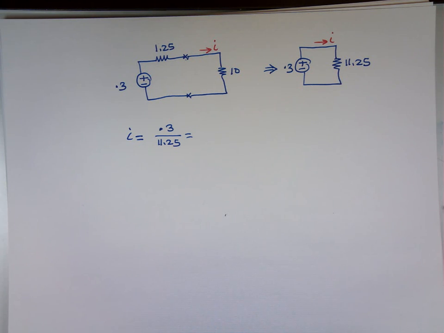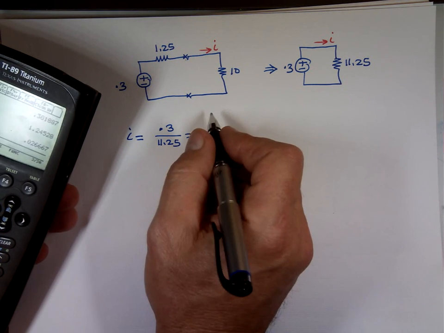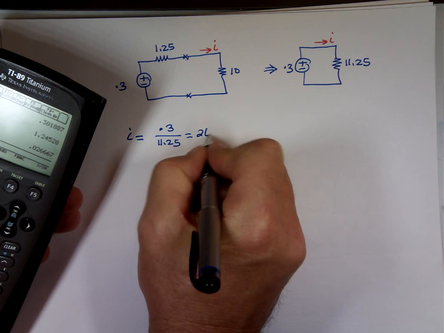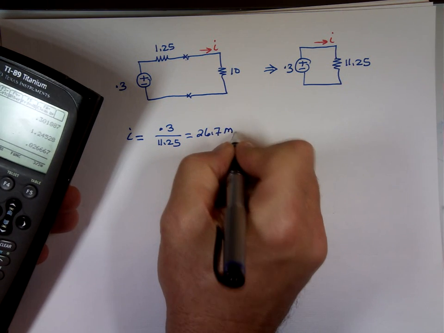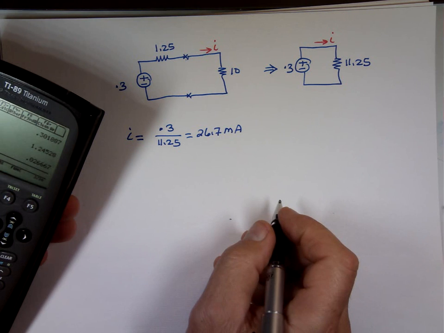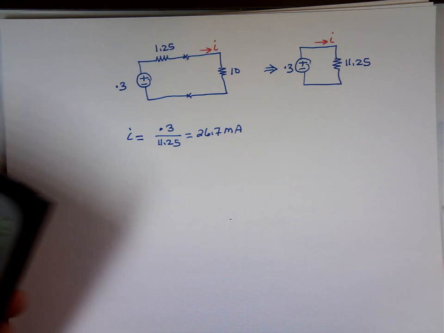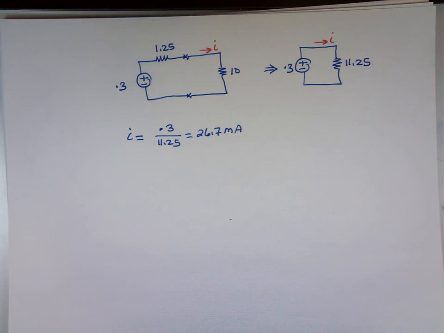And it looks like about 26.7 milliamp, or 0.027267. So that's how we find R Thevenin and V Thevenin when you only have independent sources.